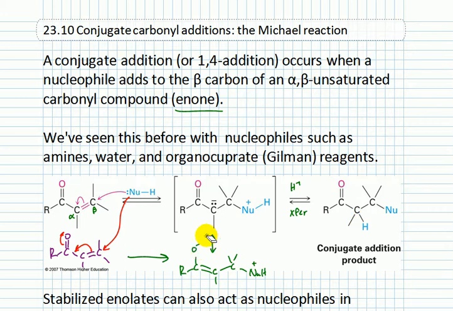Down here, if you tried to protonate the O minus, you would have an enol, which of course tautomerizes to the keto form, but that's a lot of extra steps to be thinking about, especially if you're pressed for time. So for a conjugate addition, just have the nucleophile add to the beta carbon, have the electrons go on to the alpha carbon, and then protonate. Right? That's it. Or do a proton transfer if that's necessary.